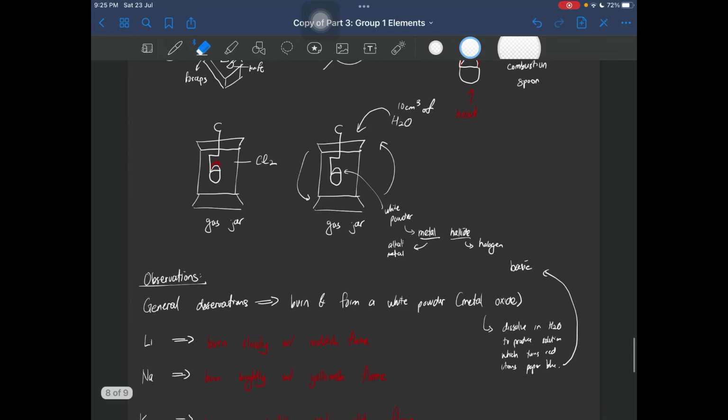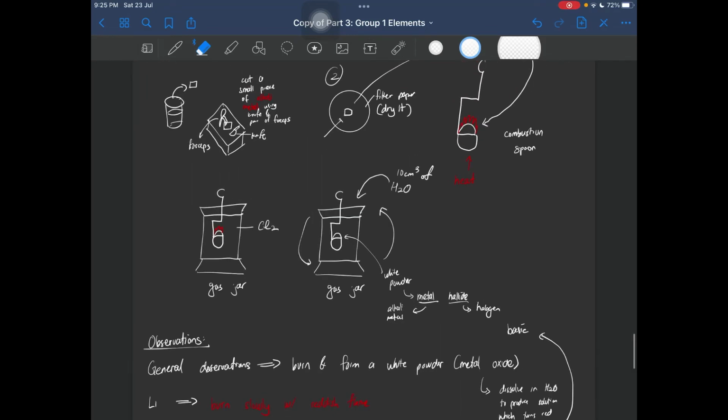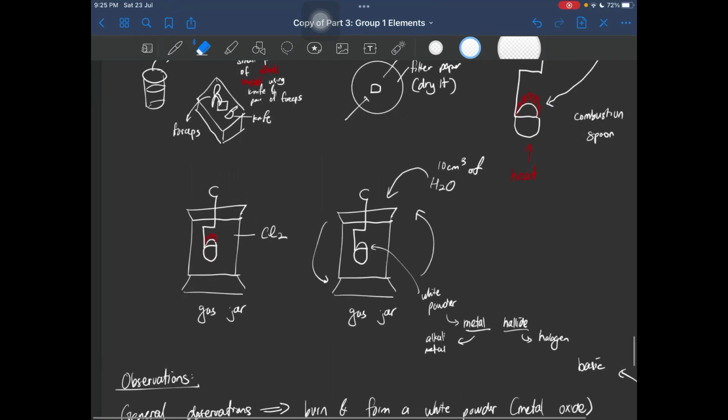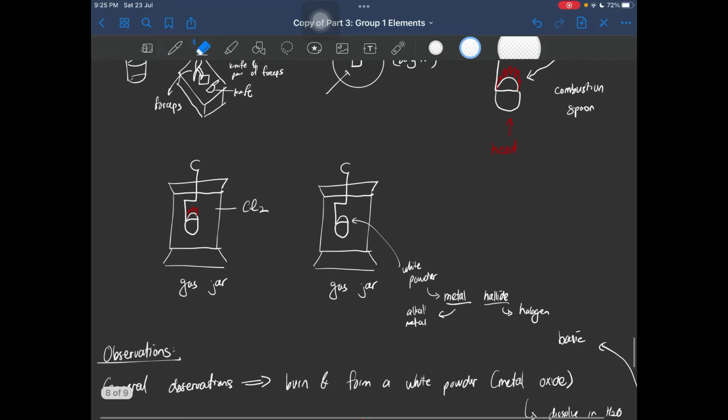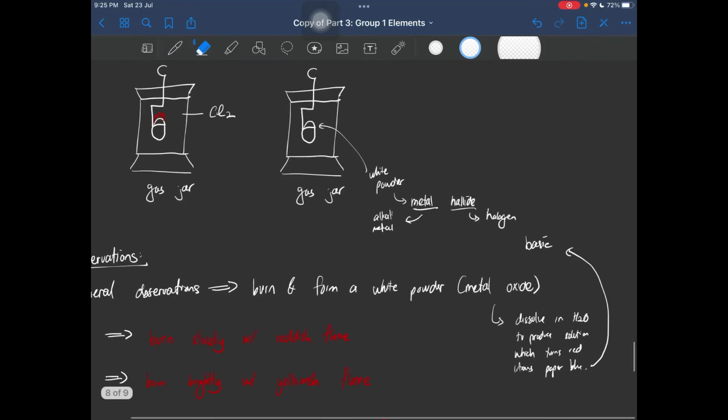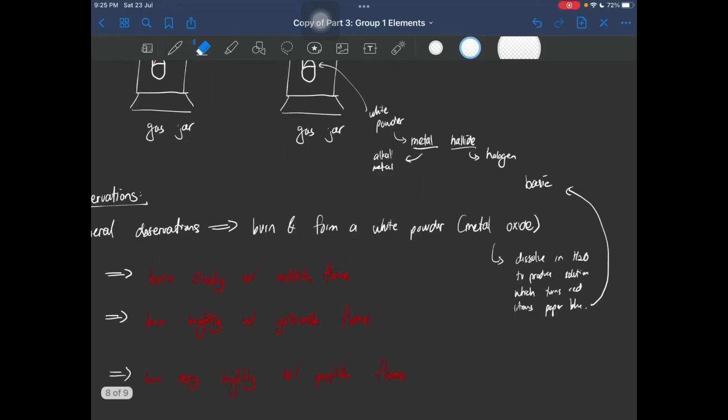Except in this experiment, we actually did not test the solution. We did not dissolve the product of the reaction with water, and we did not test the solution with a litmus paper. This is because the metal halide is a salt and it is not basic.